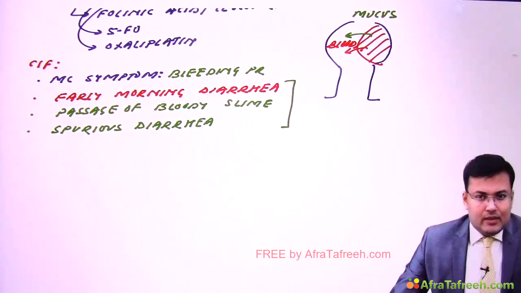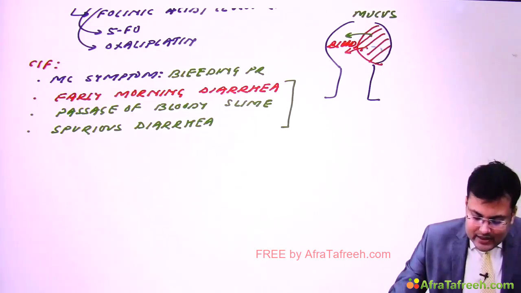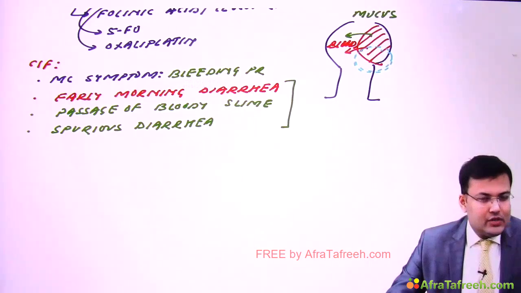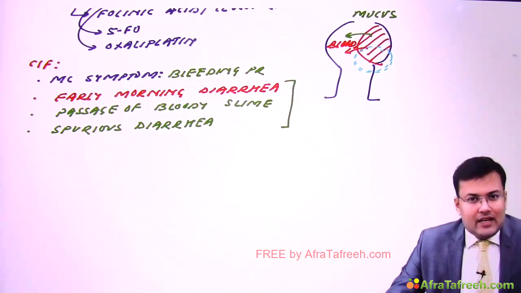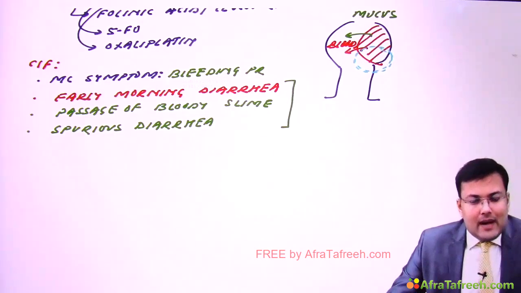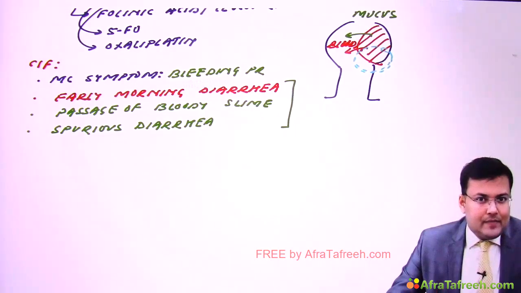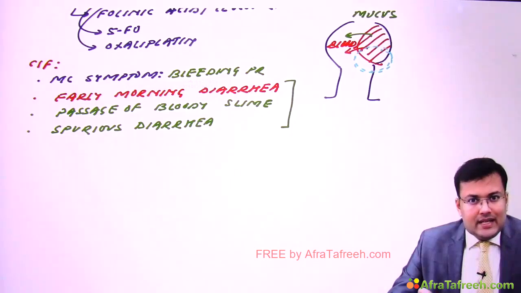There is another symptom known as tenesmus. See, whenever this malignancy is specially arising from the lower part of rectum, when patient is going for defecation, even after defecation, patient is having this sensation that still fecal matter is left inside, and during defecation patient is having pain. So what is this symptom? Tenesmus.